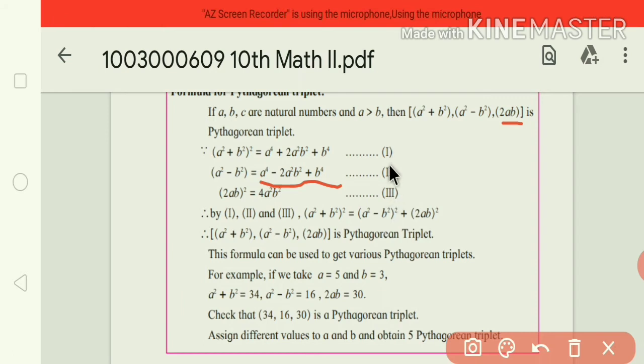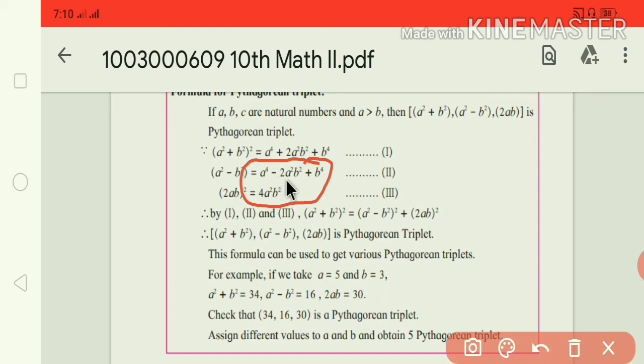After these three equations, first, second and third, listen here carefully. These two expansions, a raised to 4 minus twice a square b square plus b raised to 4, and the third are added to each other, meaning equations 2 and 3 are added.